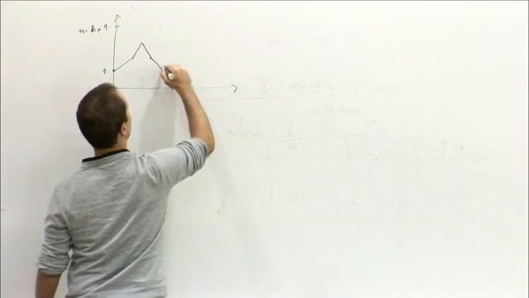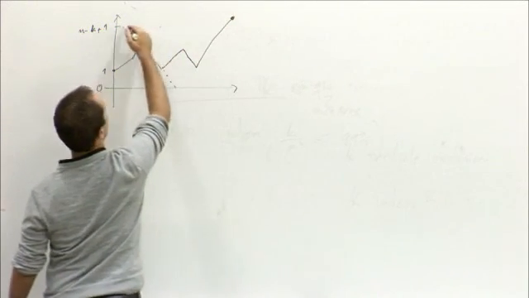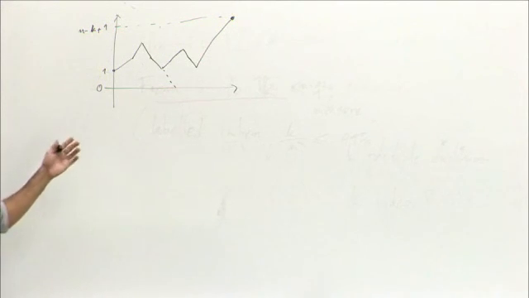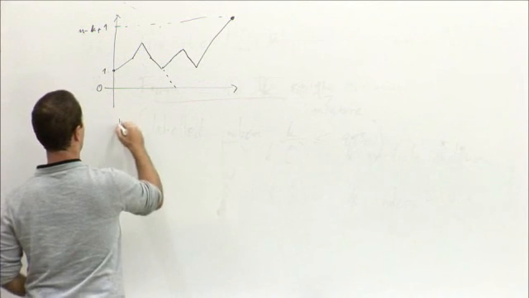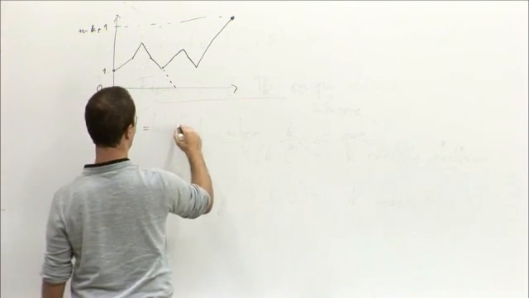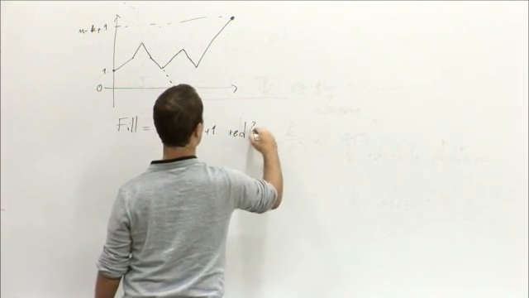So you could die, or you could somehow end up here. I guess this is drawn on a logarithmic scale, really. But anyway, I could do both things. And, well, let's say the fill is the event that you have n minus k plus 1 red particles.